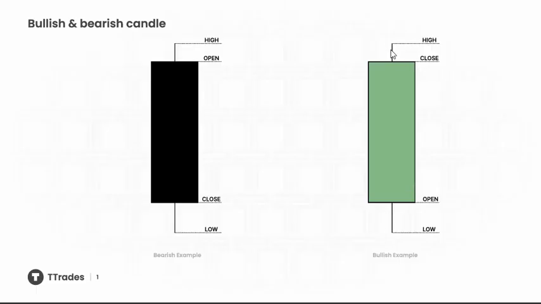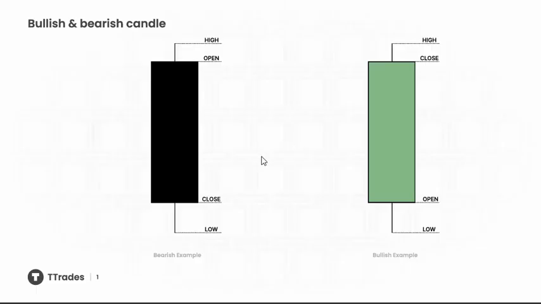This is the wick of the candle. So we have the high here, the low here, the open, and then the close. So a bullish candle opens low and closes high, so we call it the open low high close candle.